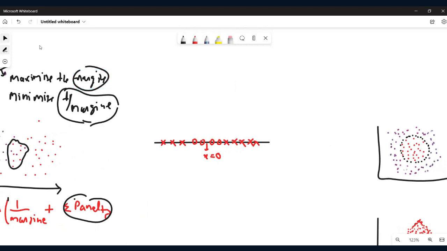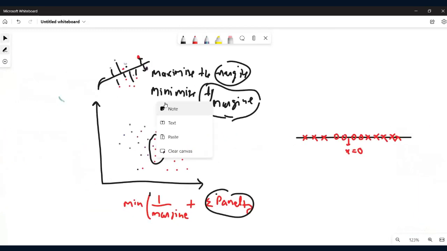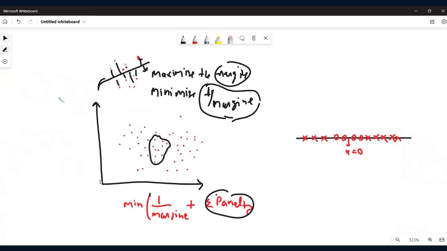So far we have learned support vector machine, soft margin summation. We are taking the margin, we are doing summation of it, and we are minimizing 1 by margin and getting the line. So this is called soft margin support vector machine. This technique is called soft margin support vector machine.